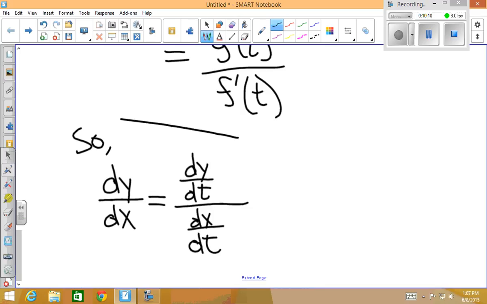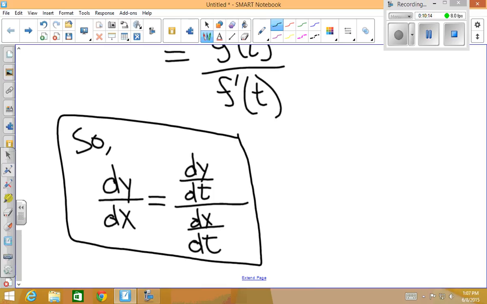So this is our method for finding the derivative of a plane curve if we're only given the parametric equations that define the curve. We simply take the derivative of the y-coordinate with respect to t, and we divide that by the derivative of the x-coordinate with respect to t.